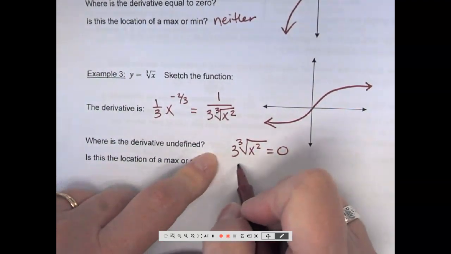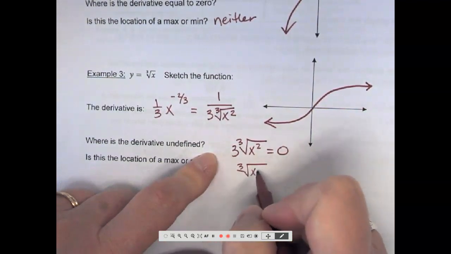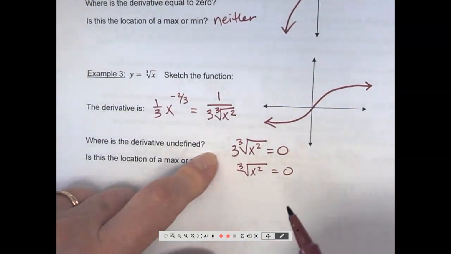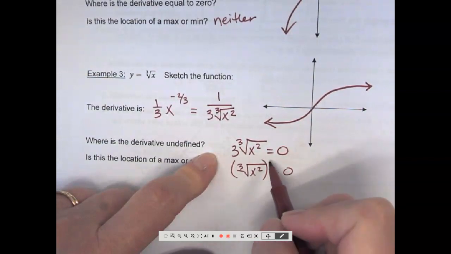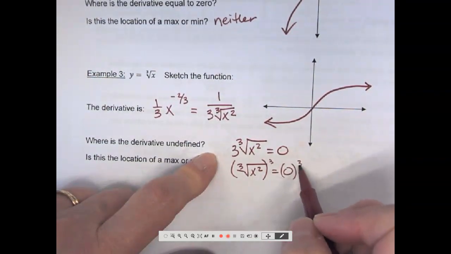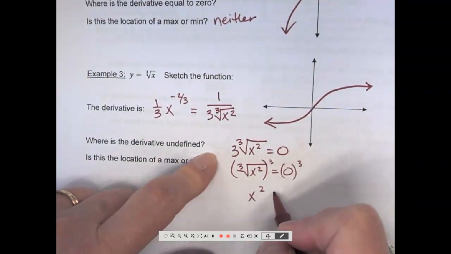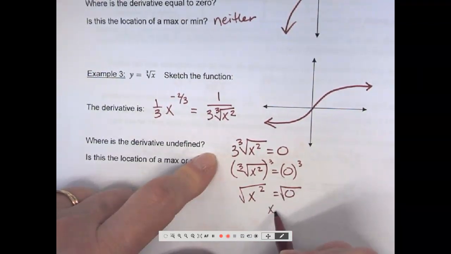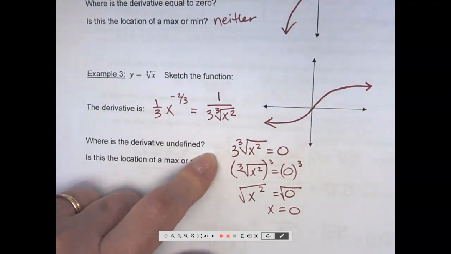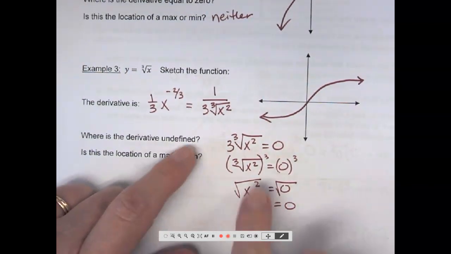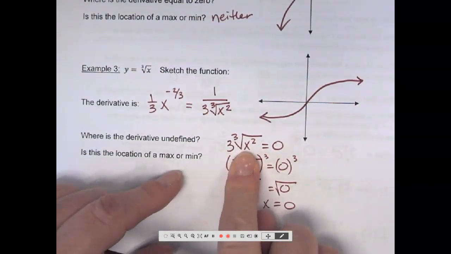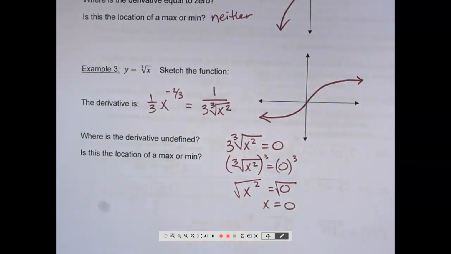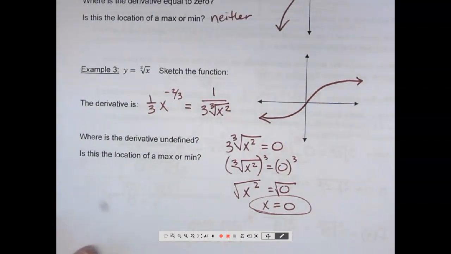Divide by 3. Cube it. Square root. And I get 0. Can you just look at that and know it's going to be 0? It's fine if you can, then you don't have to go through all that. So this is a point of interest because it's where the derivative is undefined.